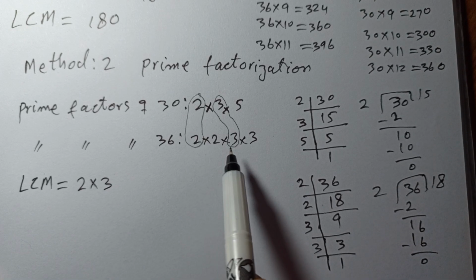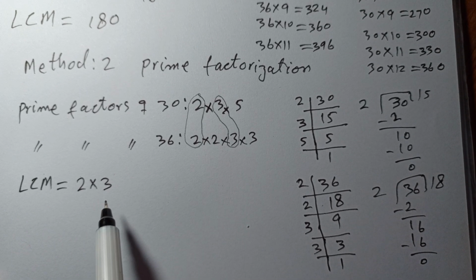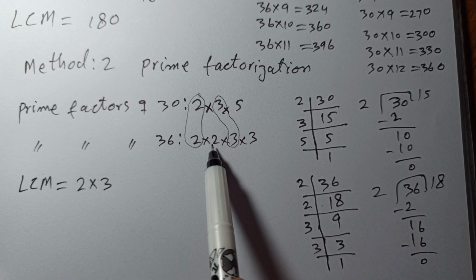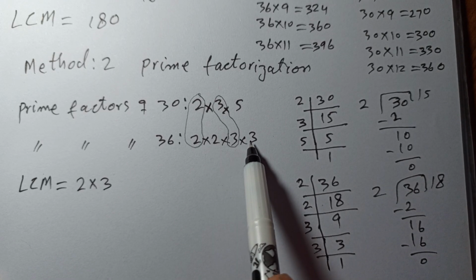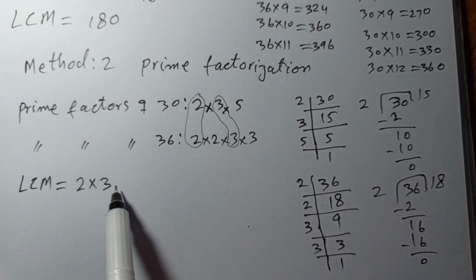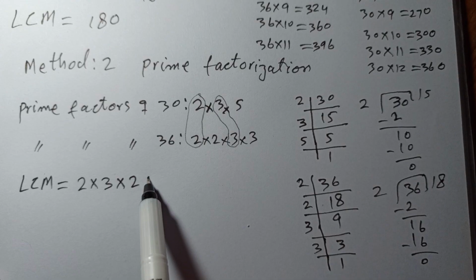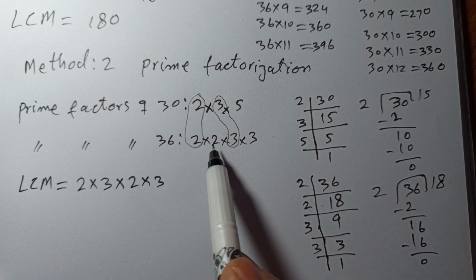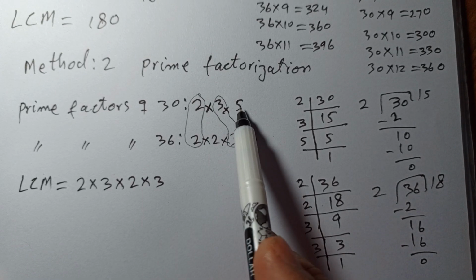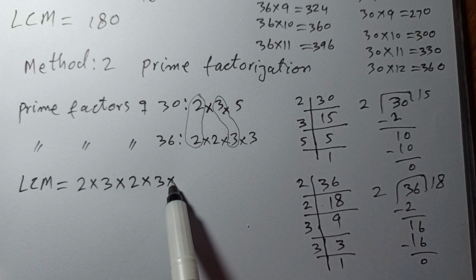This 2 is also common and this 3 is also common, so I have taken these. Now see here, this 2 and this 5, these are not common. I will also take the not common, so 2 multiplied by 3 from the common, and 5 is also not common, so you will also take 5 here.